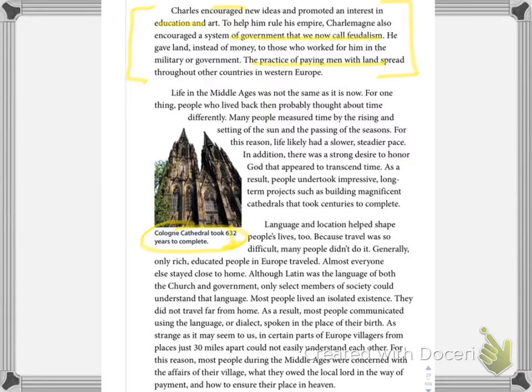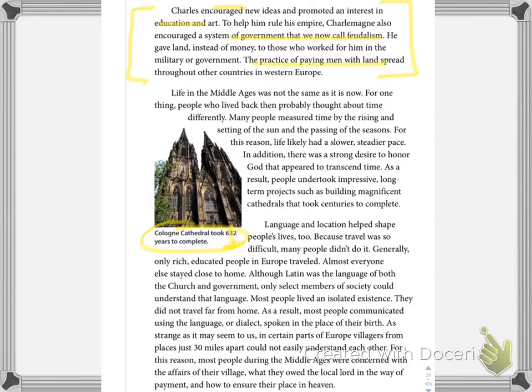Language and location helped shape people's lives too. Because travel was so difficult, many people didn't do it. Generally, only rich, educated people in Europe traveled. Almost everyone else stayed close to home. Though Latin was the language of both the church and the government, only select members of society could understand that language.